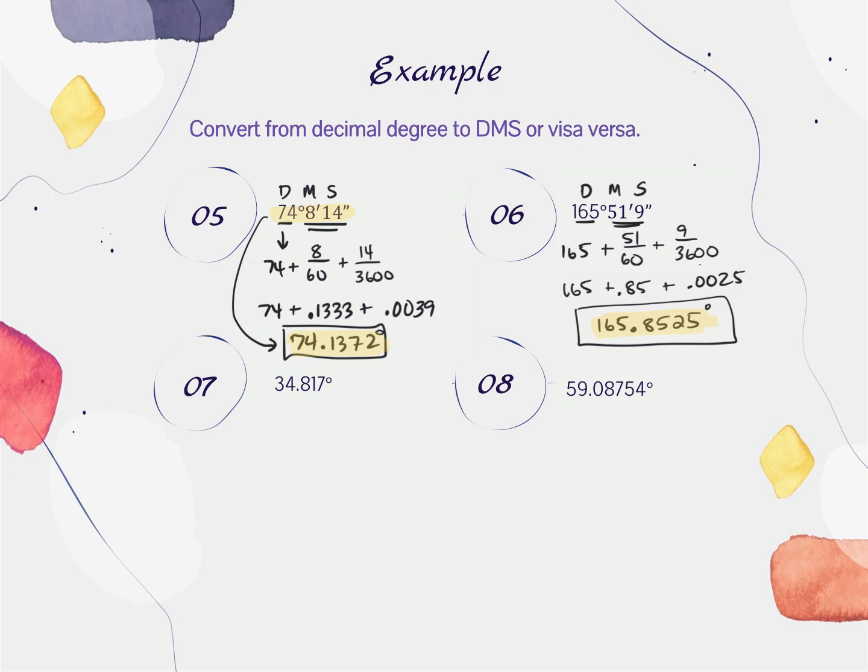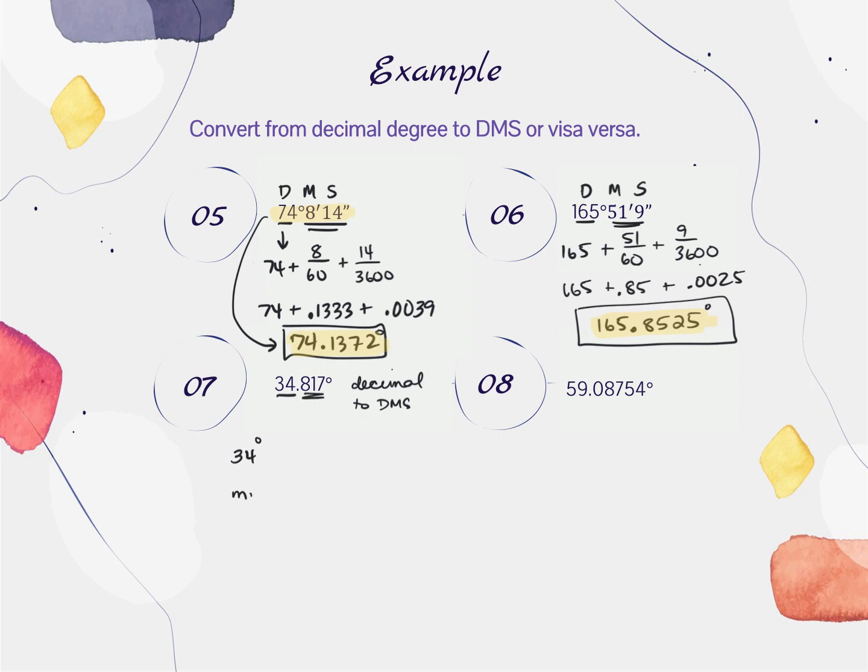Now we come here to 34.817, and this is in decimal form, okay? And I want to convert this to DMS, right? So I'm going to take this first part, because remember, what's in the front there, that's my integer, that's my degree. And then I'm going to take the leftover decimal part, and I'm going to identify my minutes, and I'm going to identify my seconds.